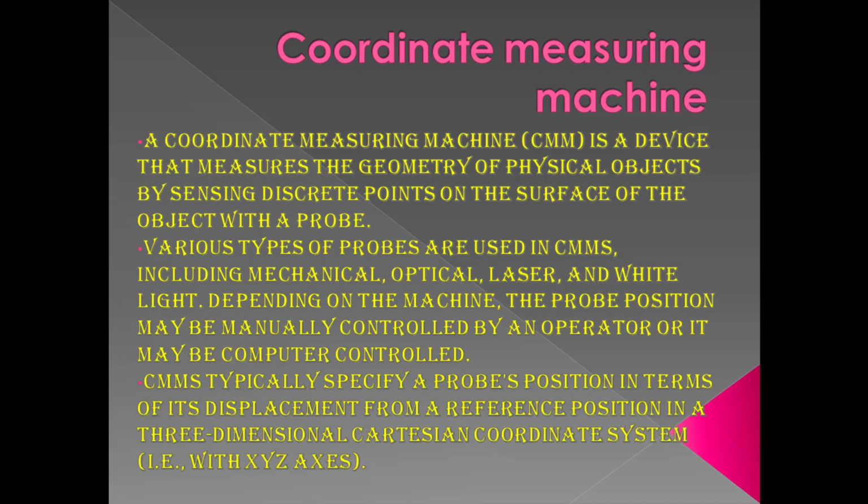How does it measure? It measures by its coordinates, the x, y, z, and the sensor senses the displacement from its origin or a reference point, which is taken by different methods like mechanical, optical, laser and white light.